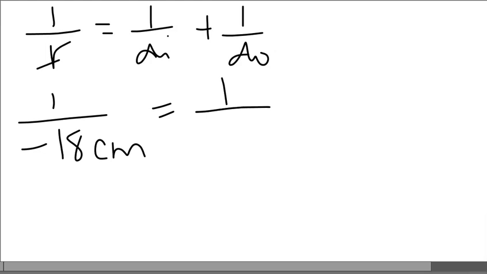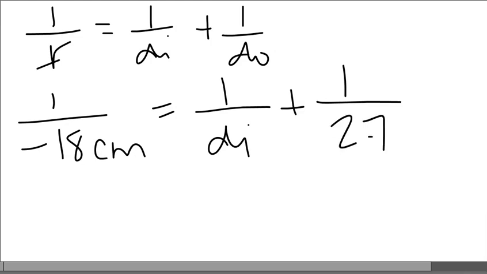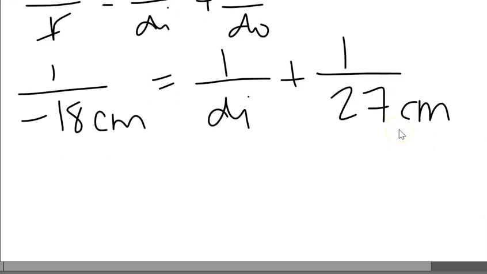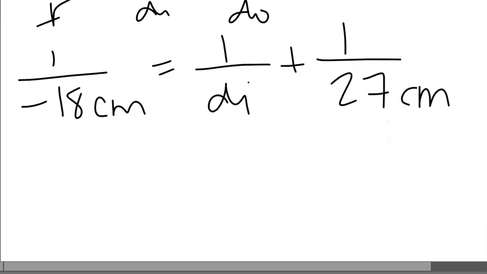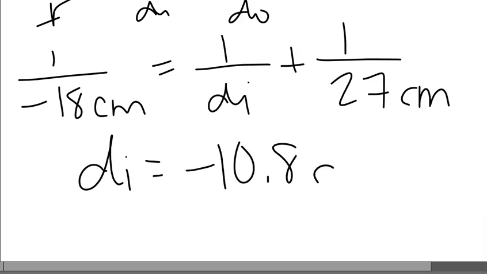We solve for DI, and our DO was 27 centimeters. When you solve all of that out, you should get a DI that is negative 10.8 centimeters.